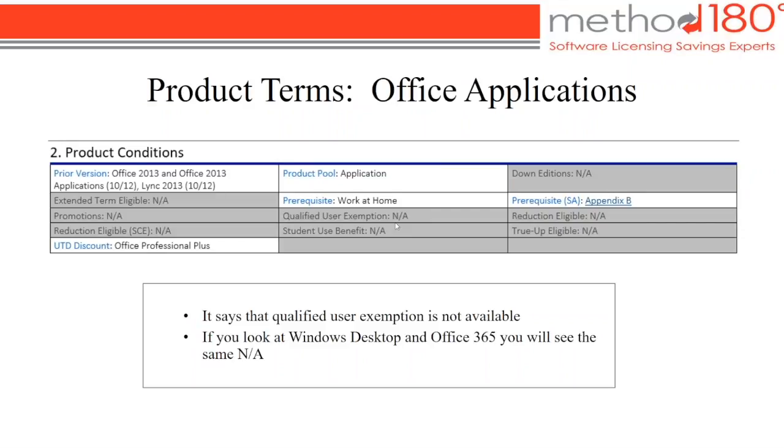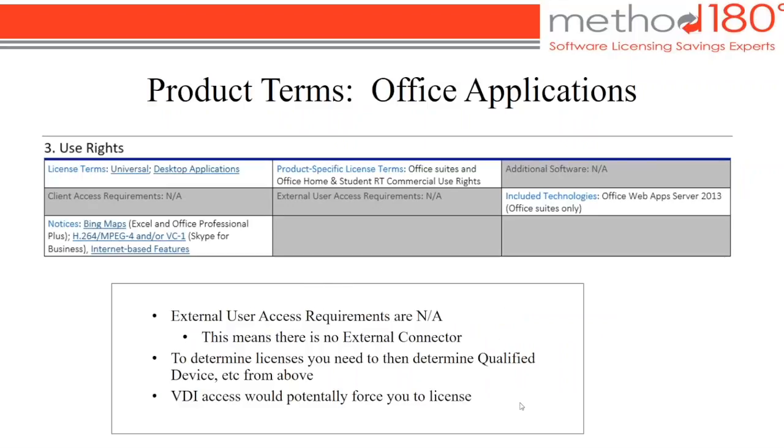The next thing we would want to do is look a little further down under Office within the product terms, where there's another section that says external user access requirements. Again, this is not applicable. What that's saying is there's no external connector available for Microsoft Office. So then you're going to have to go back to that determination of, is it a qualified device? Because if it is, then you're going to need to license them for Office.